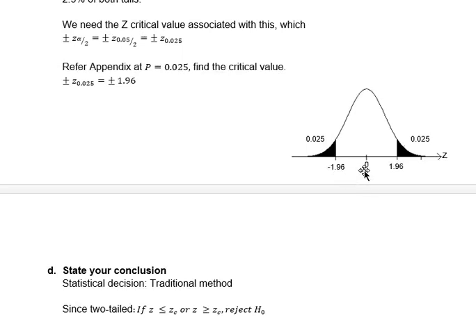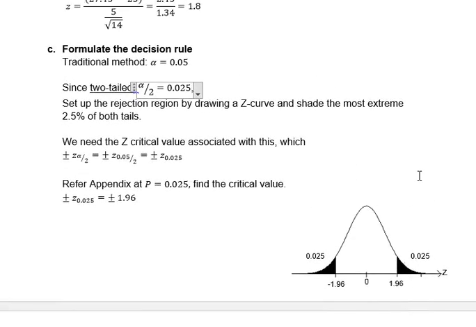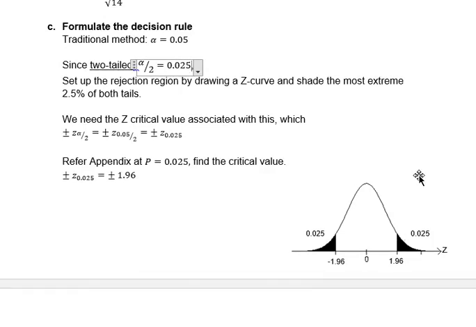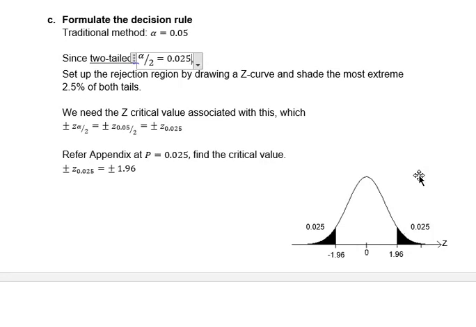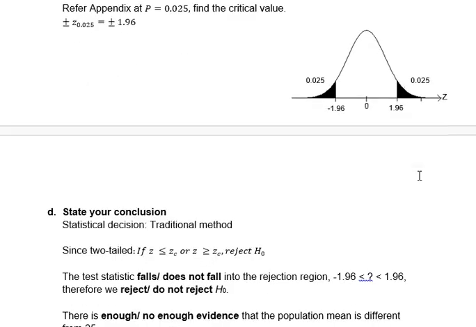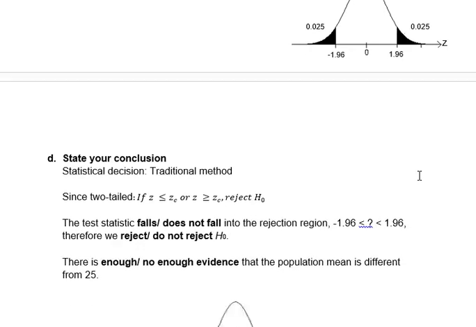So you can draw it here and put the value for each region: the negative region, negative 1.96, and the positive region, positive 1.96. Then finish with the Z value, and you need to state your decision.